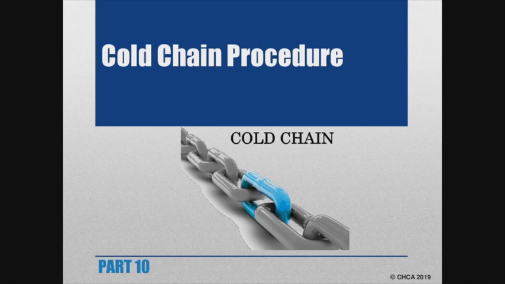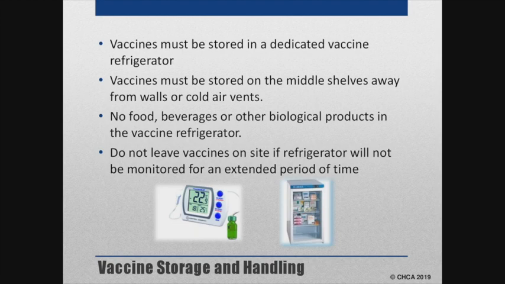Okay, let's talk about the cold chain procedure. Not too many slides here, but just to review a few things that are very important for you to remember. Vaccines must be stored in a dedicated vaccine fridge. This fridge shouldn't be used for any food or anything other than the vaccines. Vaccines must be stored in the middle shelves, away from the walls or any cold air vents.